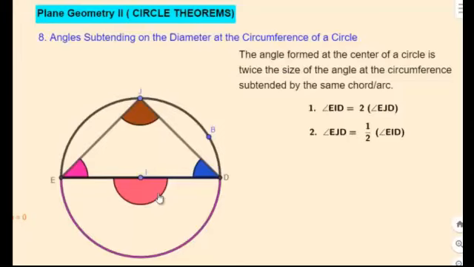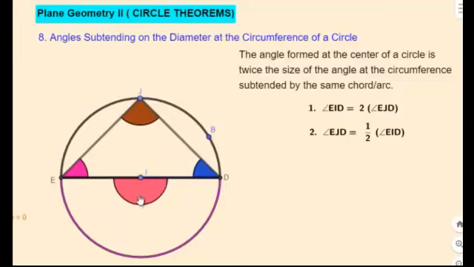When it reaches the diameter of the circle, the edges EI and ID become straight and therefore form a straight line.